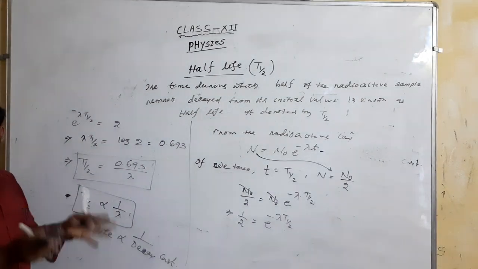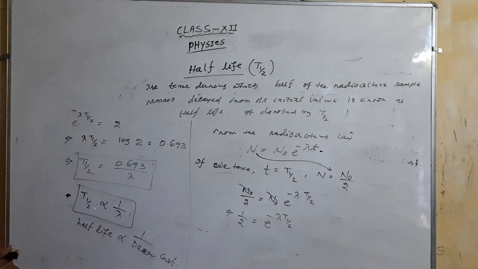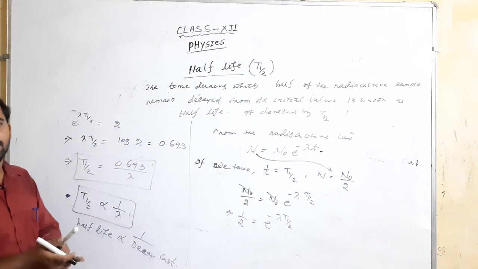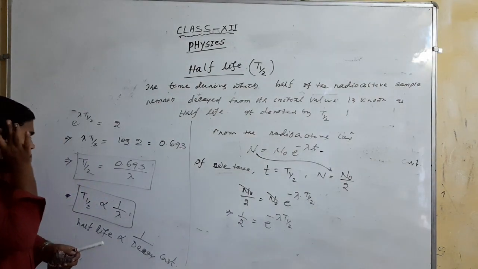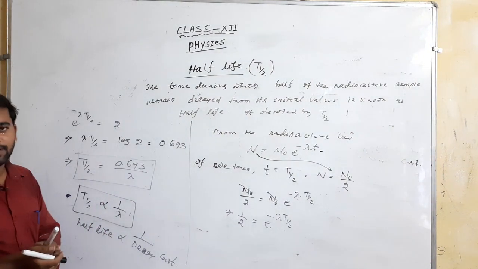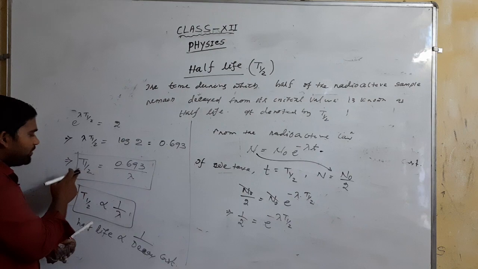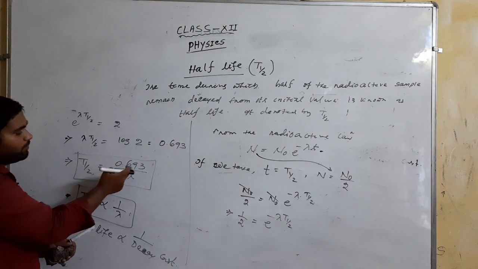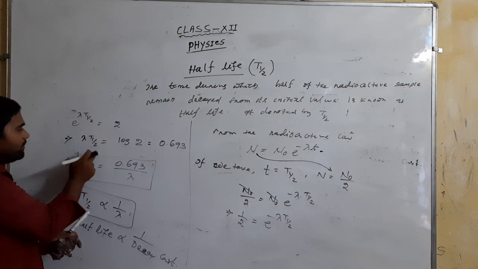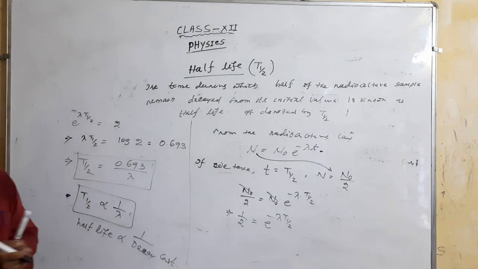In most exams, in your CBSE, CHSE or NCERT level questions, you will definitely find a problem on half-life period. So you have to remember that T half equals 0.693 by lambda, or simply T half equals log 2 divided by lambda.